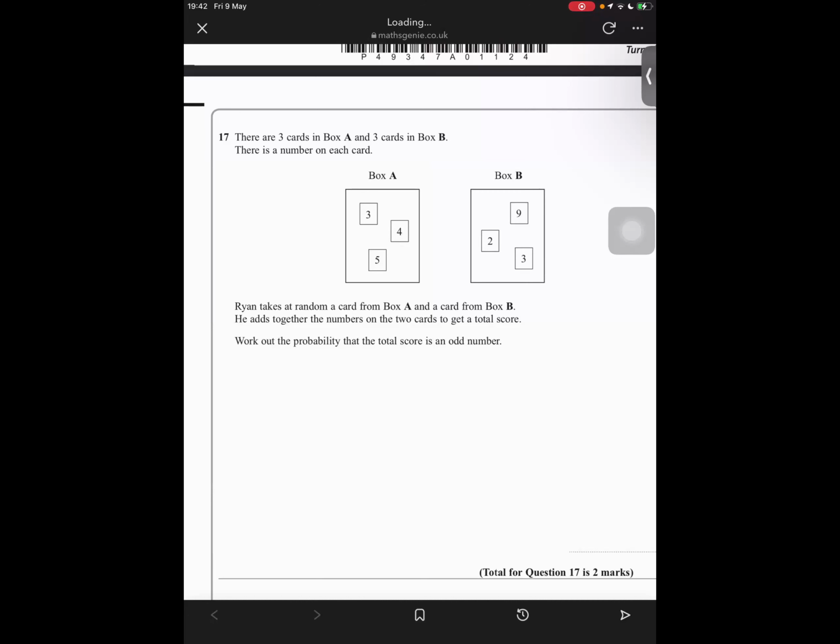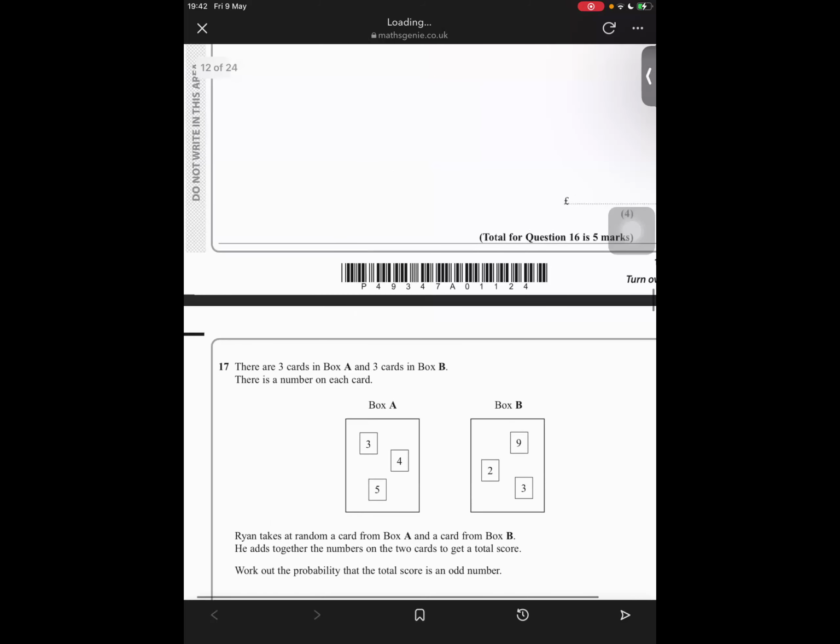But did you understand my explanation back there? Yes. Okay. Please, if you are showing your working, I would advise that you use arrows and then isolate the cases just the same way we did it. 3 and 9, 3 and 2, 3 and 3.